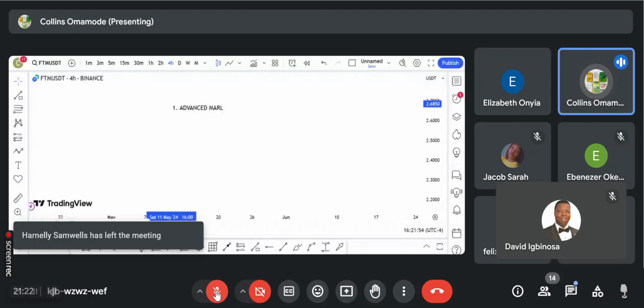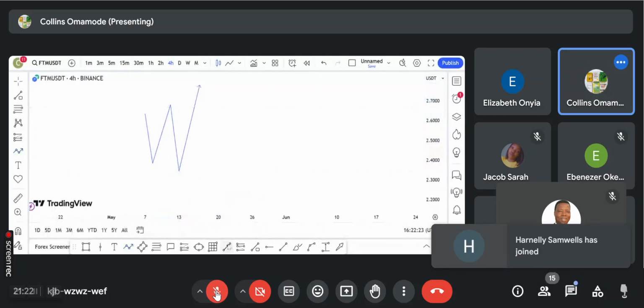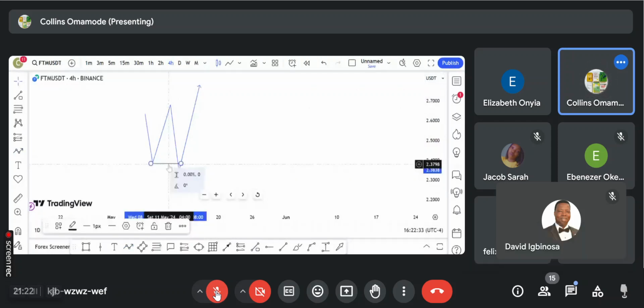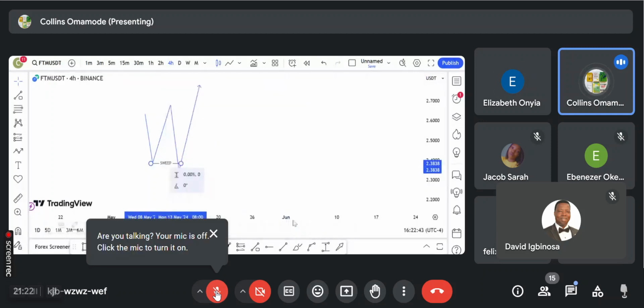When I look at my advanced market structure for the bullish, which I drew for you guys yesterday, I say when price has swept a low and broken a high, we have gotten an advanced market structure. A sweep of the low and a break of the high for the bullish.